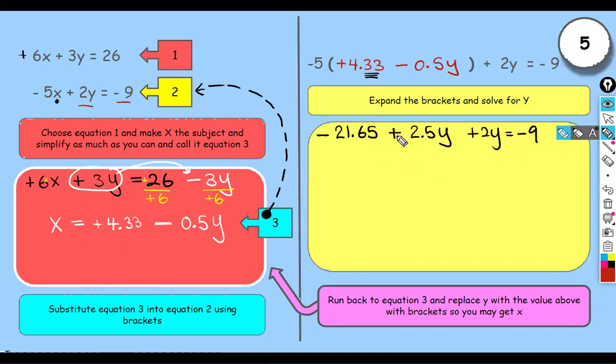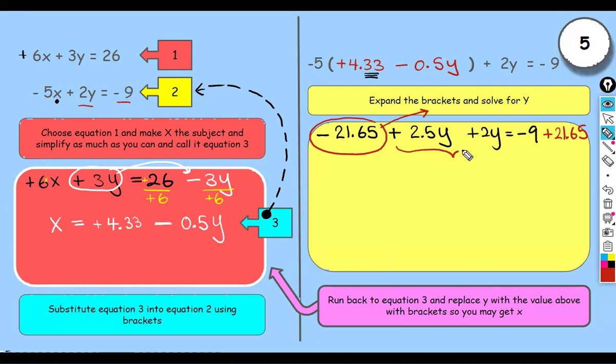So what we're going to do now, we want to solve for y. So we take this minus 21.65, throw him across. Minus 21.65 becomes 21.65. No problems there.